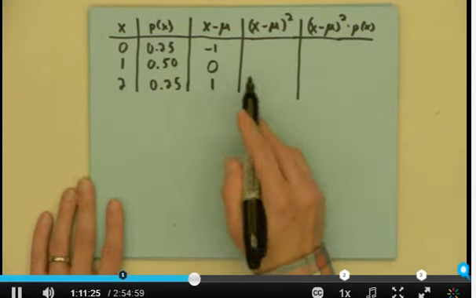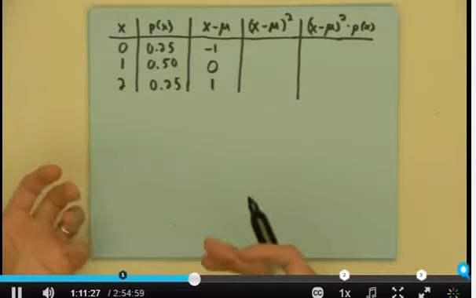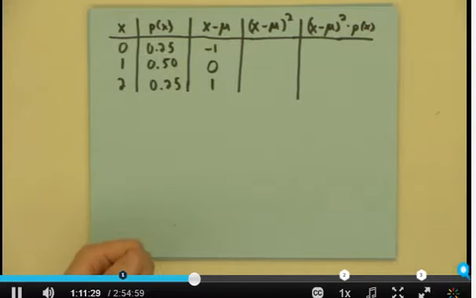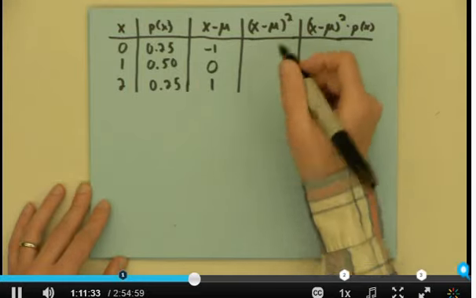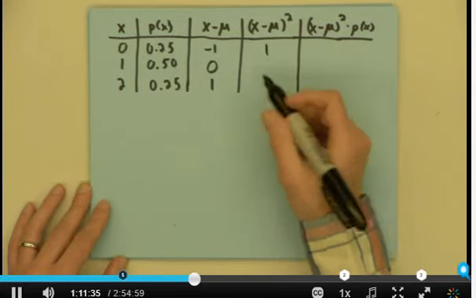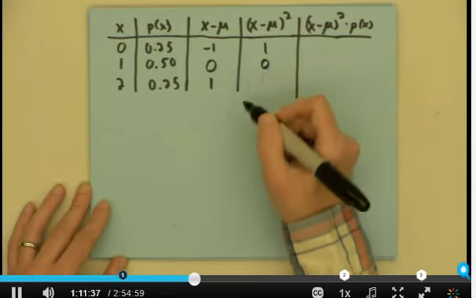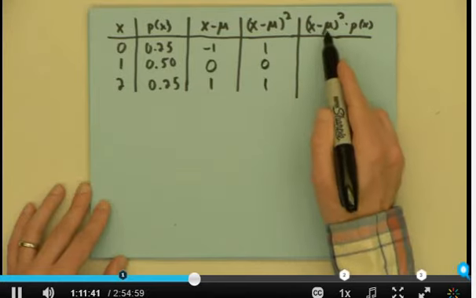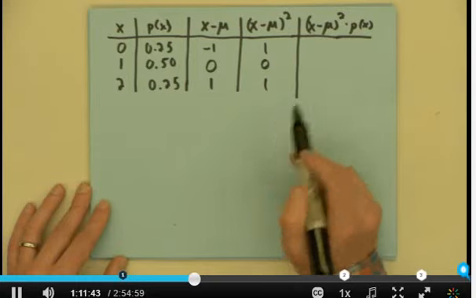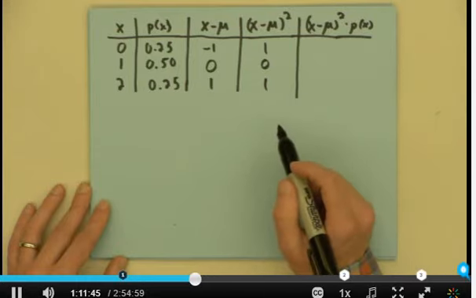I want to square those so that I get rid of negative signs, and I also add extra weight to the ones that are far away. So squaring negative 1 gives me a positive 1. Squaring 0 gives me a 0. And squaring 1 gives me a 1. And then lastly, I multiply each of those values times its particular probability.